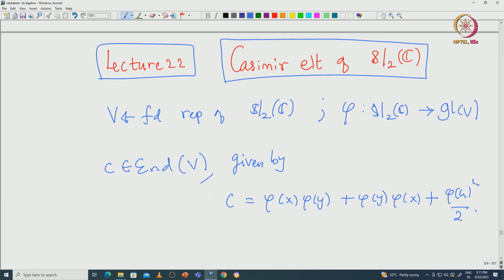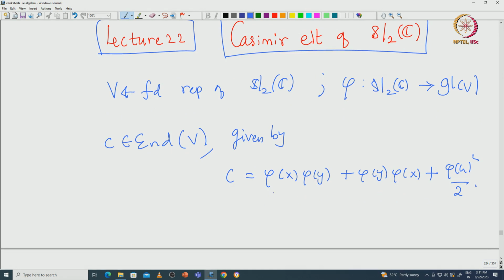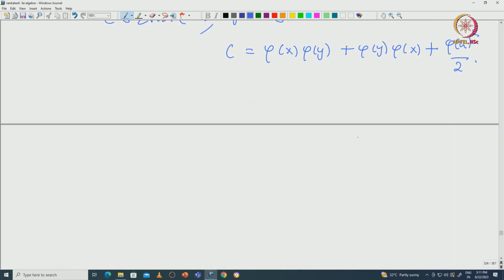Okay. So, we claim that this indeed commutes with the action of SL2 of C. As before, we just ignore this phi and then do the calculation, that will be easier for us. So, we just write C as x y plus y x plus h square by 2. Now, using this relation, bracket x y is nothing but h.